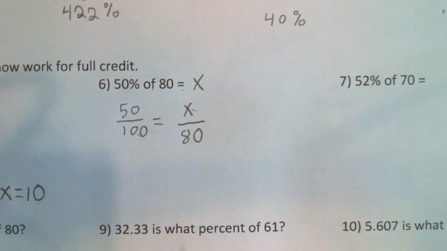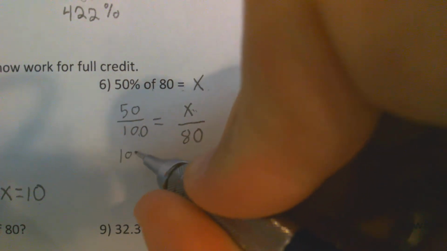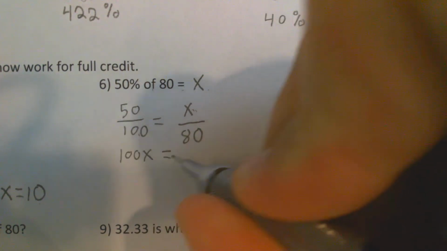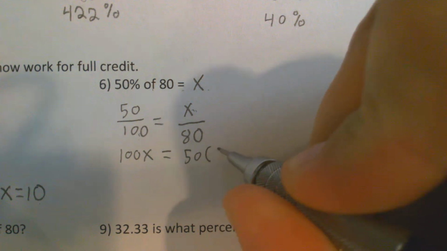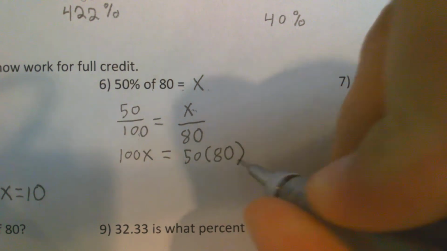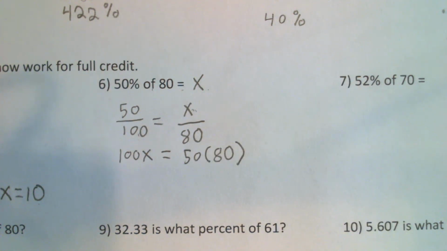I like to do the variable first. 50 times 80. That's going to give us 4,000.